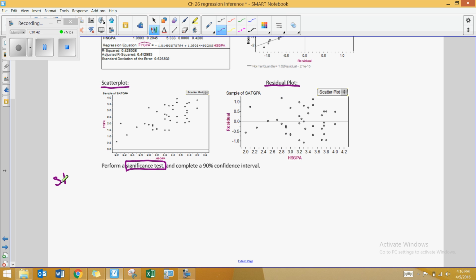For a significance test, we're going to start with state. So I want to state my hypotheses. My null hypothesis is that the slope is 0. I always have to define my parameters. So what is B1?